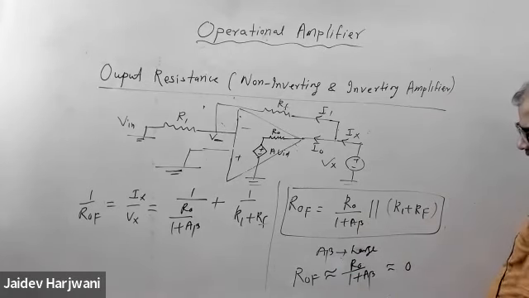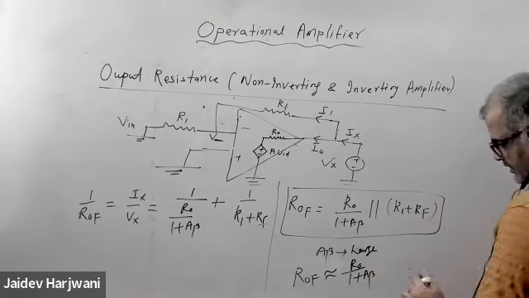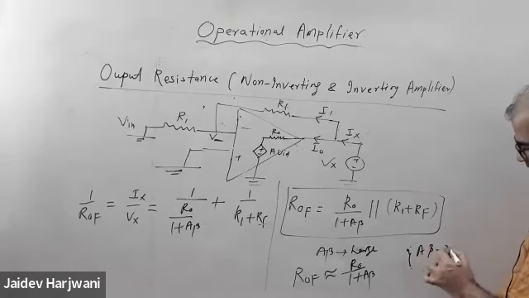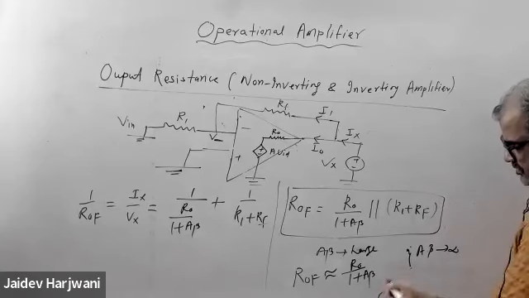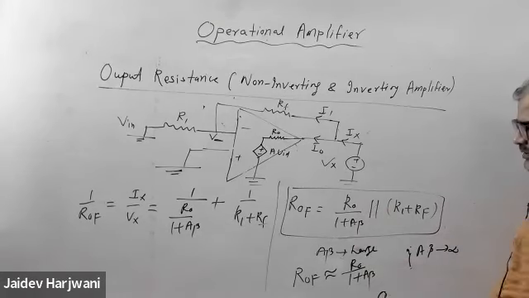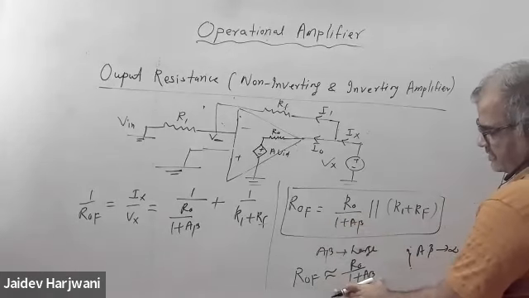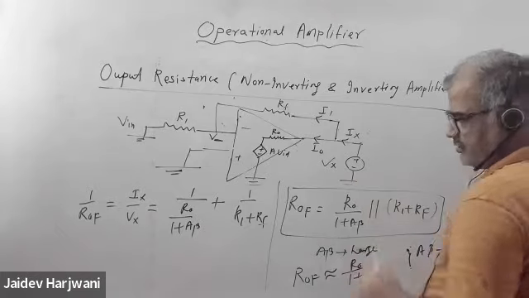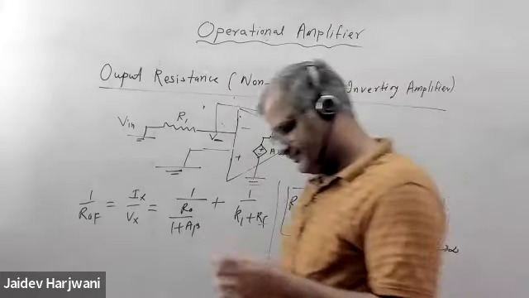In the ideal case, if A beta is infinite, this will be equal to 0. So this is your formula for output resistance. Either remember this formula or this one; for large A beta, you can remember this one. This output resistance is the same for both the non-inverting and inverting cases.